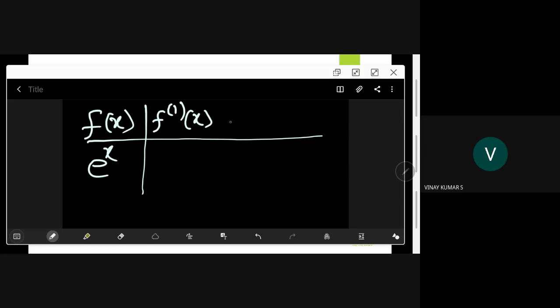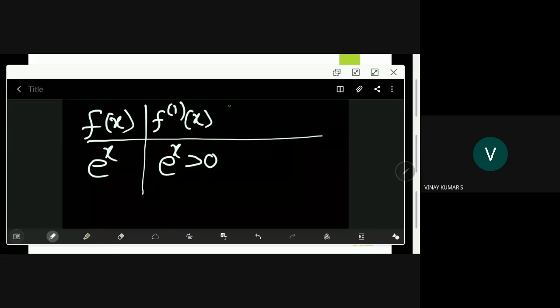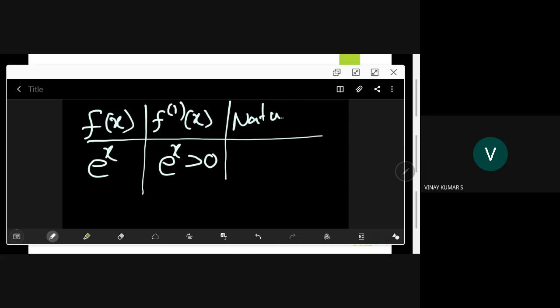It is e power x. We know that e power x is always greater than 0. In fact, you can say that it is strictly greater than 0. e power anything is always greater than 0. So this function is strictly increasing.